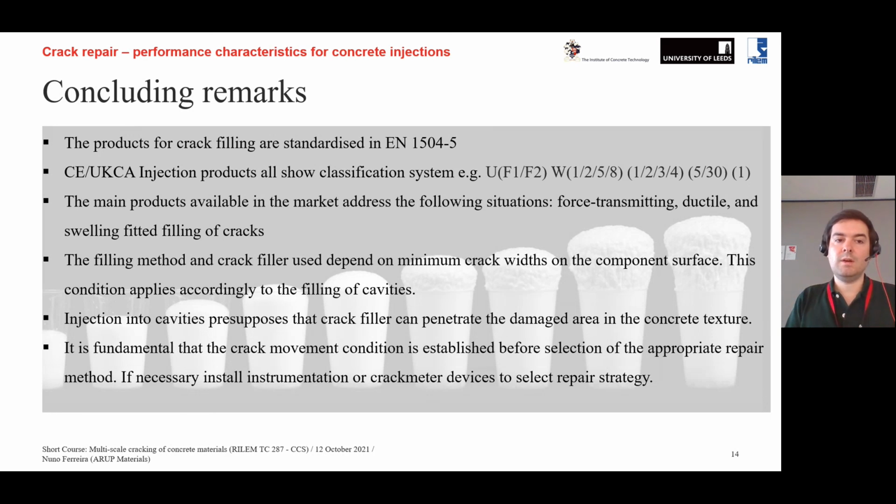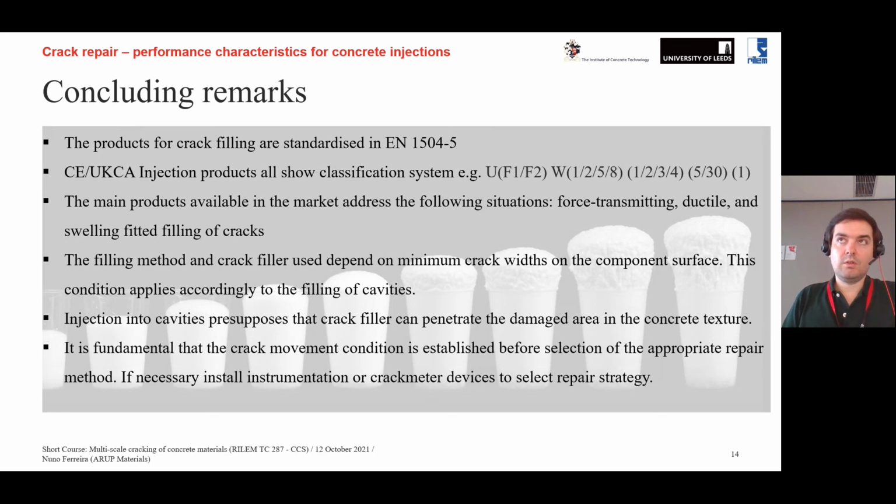There's a structure to specify. The main products available in the market these days address force-transmitting, ductile, swelling, and swelling-filling materials. The filling method and crack filler used depend on the minimum crack widths that you wish to attain.